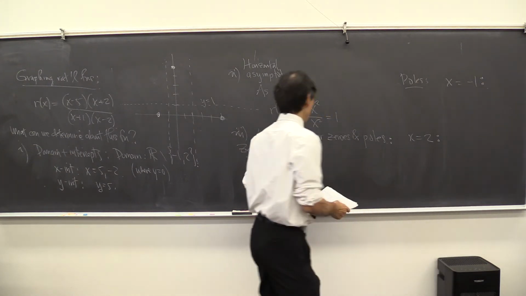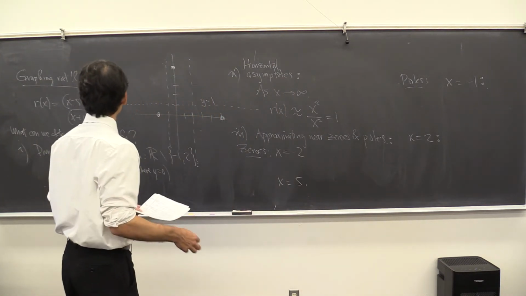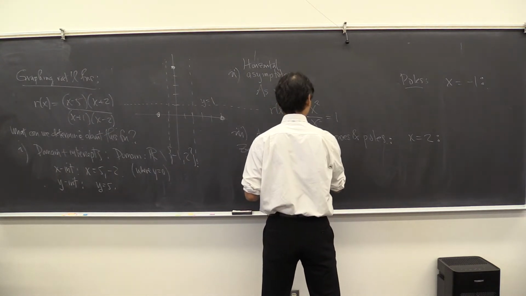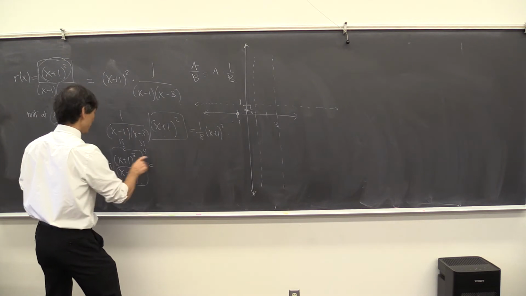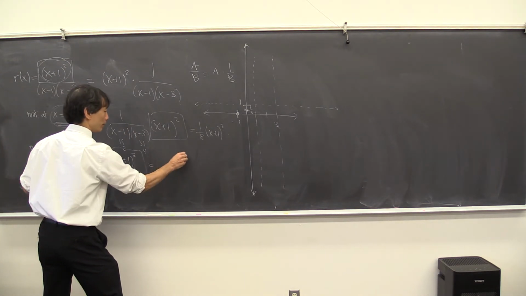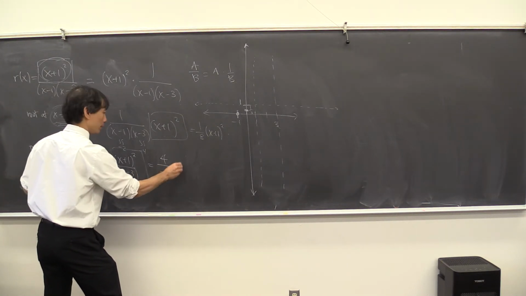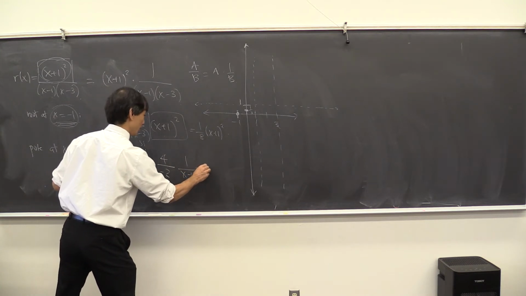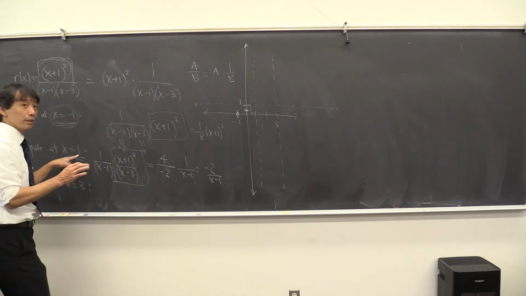Okay. And the game was, so you look at your function. Remember how we did this. Your function looks like that, and it's going to give you 2 squared, which is 4, over 1 minus 3, which is -2. And so we end up with -2 over x minus 1. Okay.